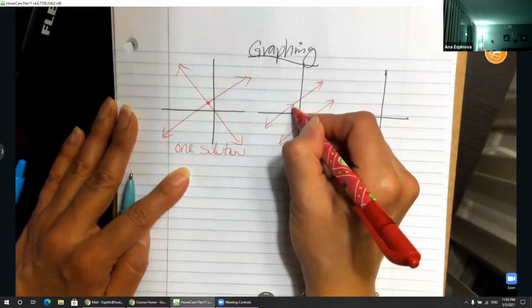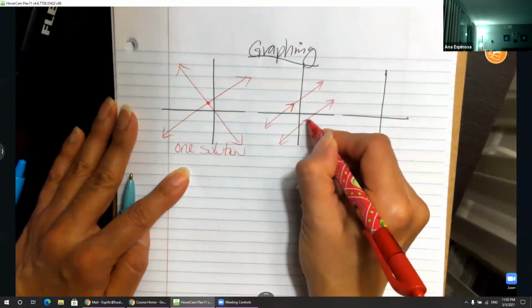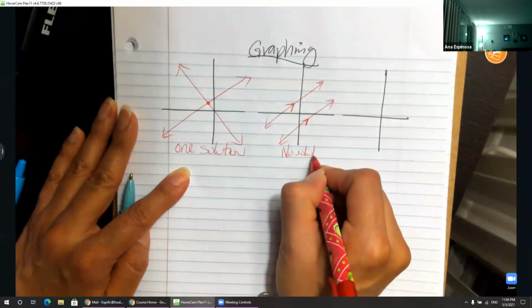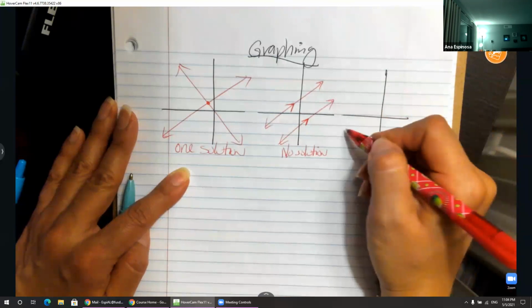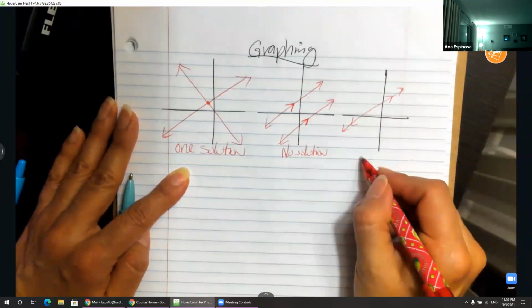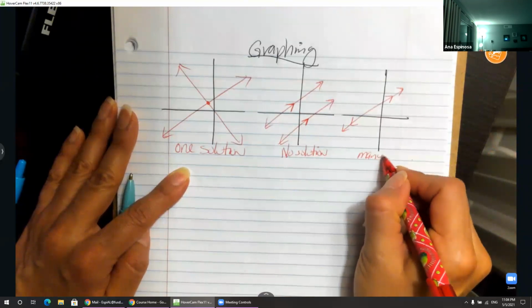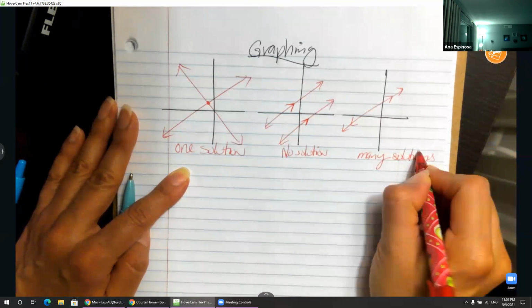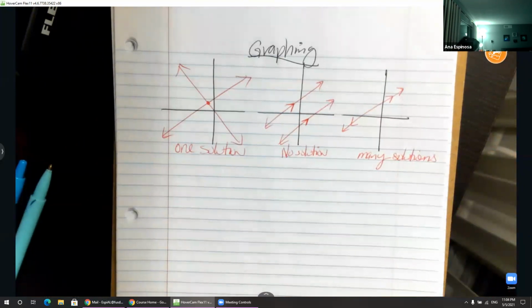So I'm going to put this little chevron. This is what these are called. And that means they're parallel. So that's no solution. And the last one, you literally just see two lines on top of each other. So that's many. It's infinitely many. I just didn't want to write down infinitely. And that's what you would have.